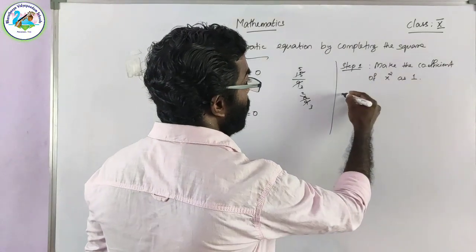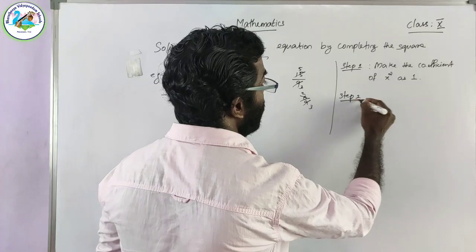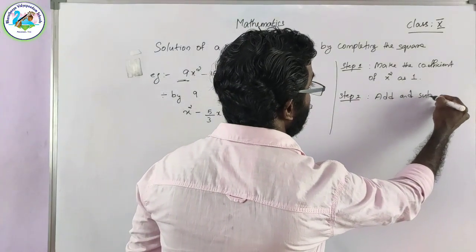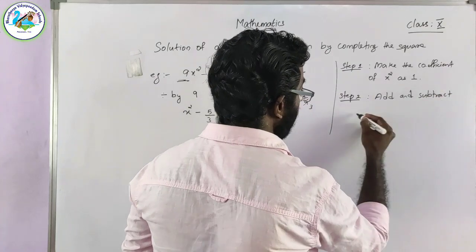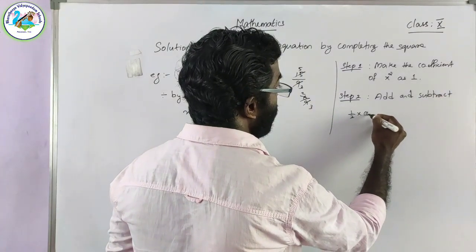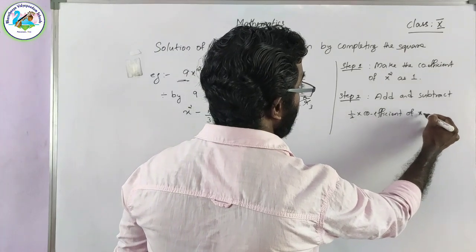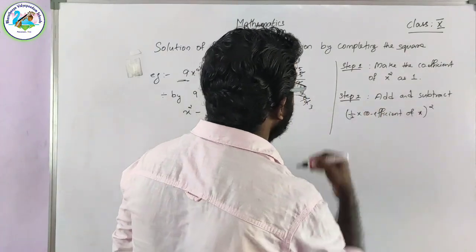So step number 2: add and subtract 1 by 2 into coefficient of x the whole square.